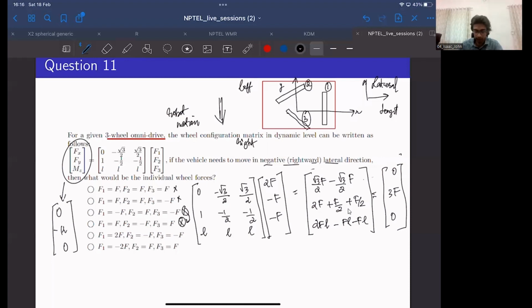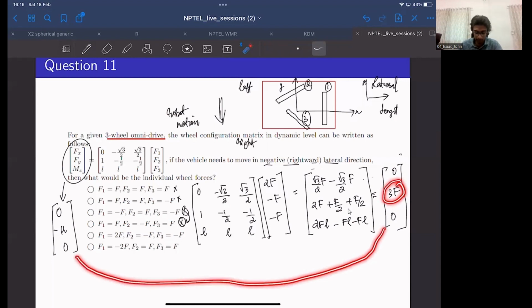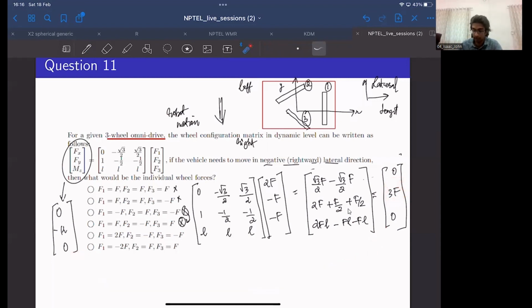This is almost similar to the case that we want. But if you see the sign here, this is a positive component. We would want our component to be negative because the robot should be moving along the negative y direction. As per the question, it should move along the negative direction. So we have already found the right combination of forces, but we still haven't found the right sense, the right direction.